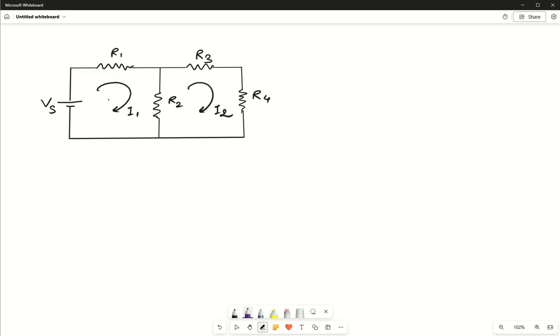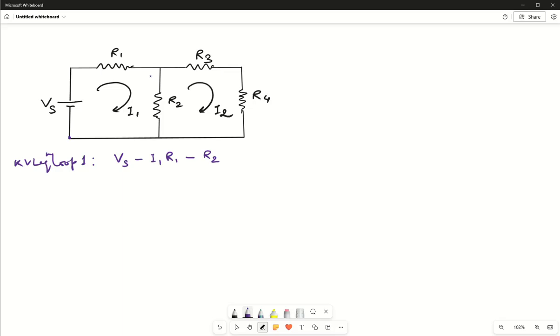Suppose for loop 1, the KVL equation will be, I am not writing the whole line, you can continue that. Starting from this point again, it will be Vs, next minus I1 R1, next minus R2, but what about the current?